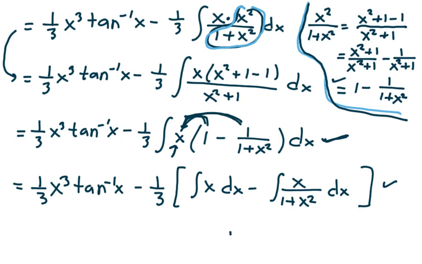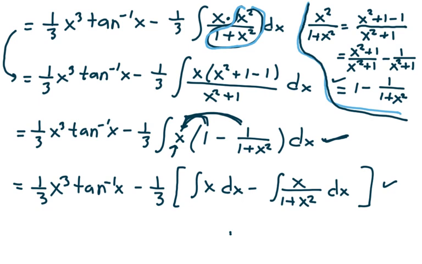If I distribute the x and then split the integral, we get 1/3 x cubed arctangent x minus 1/3 the quantity, and then we get the integral of x dx minus the integral of x over 1 plus x squared dx.